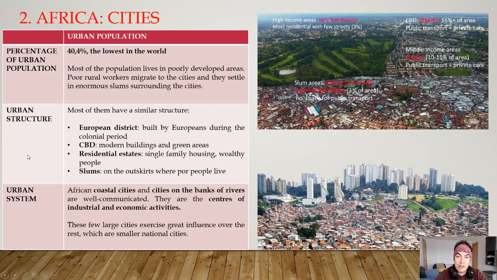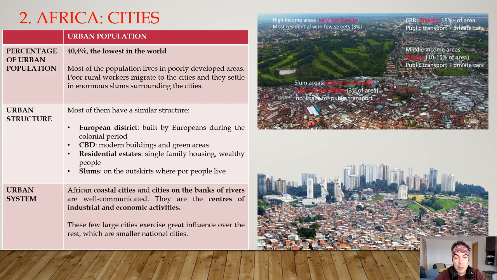And how is the urban system? The African coastal cities and cities on the banks of rivers are well communicated, and they are the centers of industrial and economic activities. And a few large cities exercise great influence over the rest, which are smaller national cities.